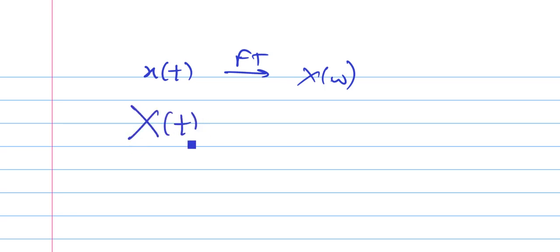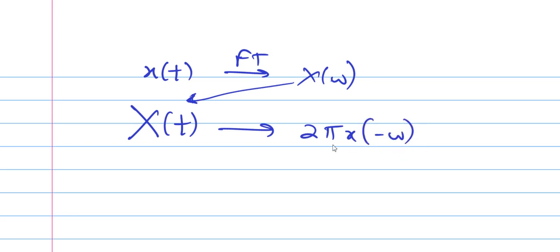Now we have seen the duality property. So if x of t has Fourier transform X of omega, then by duality property capital X of t has Fourier transform, writing this here, in place of omega we write t, omega equal to t, and this thing is nothing but 2 pi times x of minus omega. We are multiplying with 2 pi and t is replaced with minus omega.